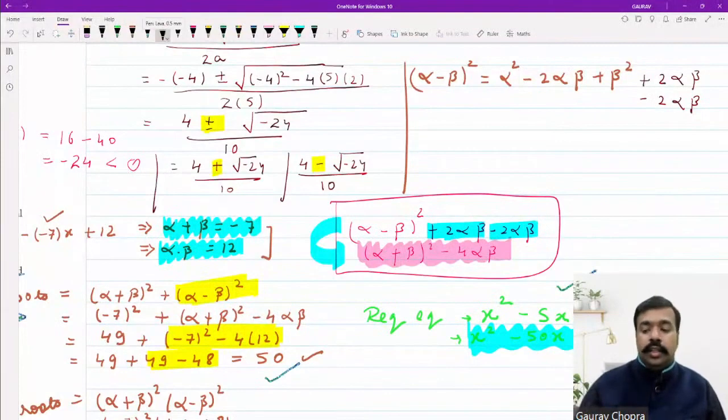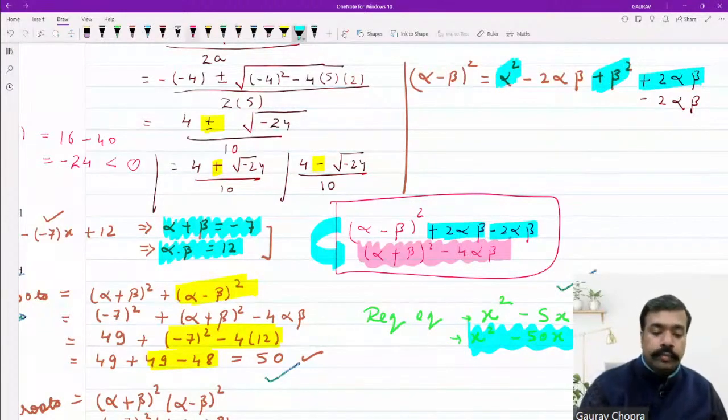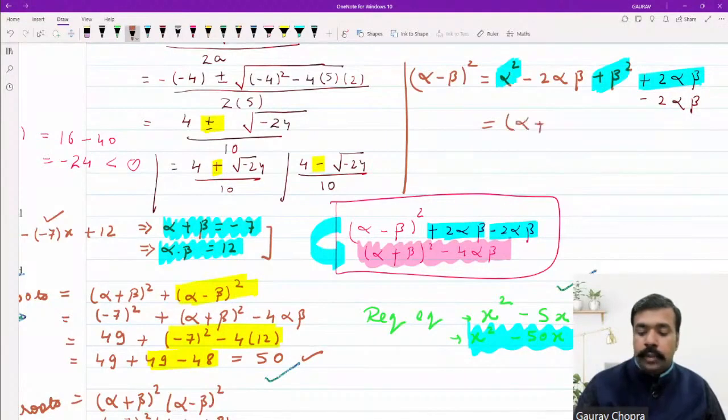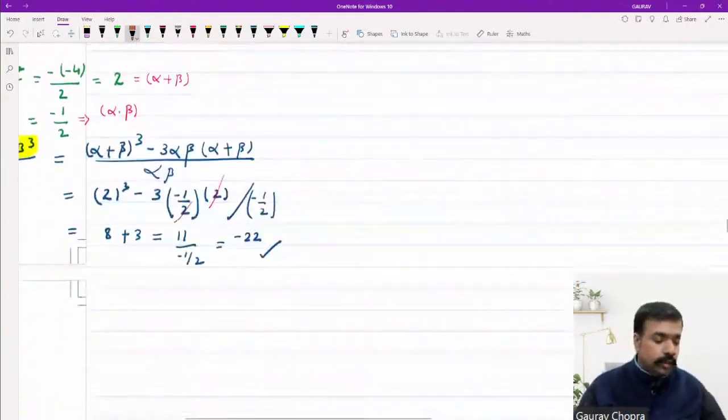Similarly here we are adding as well as subtracting. Now we take these together, alpha square, beta square, and 2 alpha beta. We have taken these three together and it becomes alpha plus beta whole square, and the leftover is minus 4 alpha beta. So in this way we have derived this one.